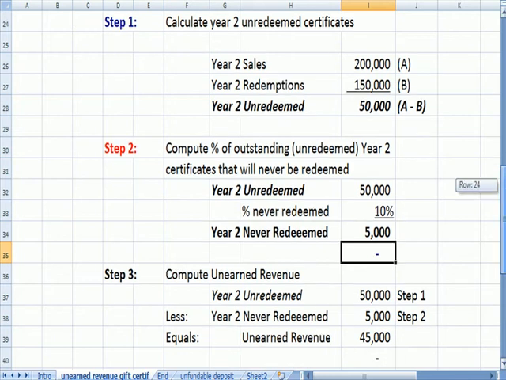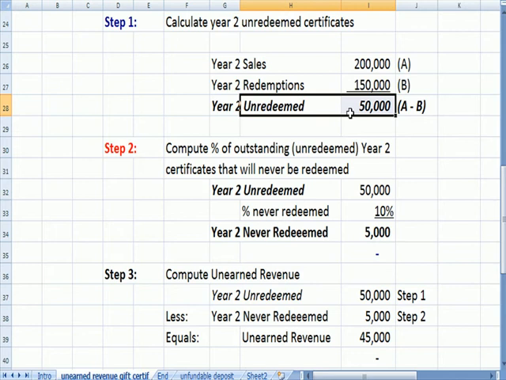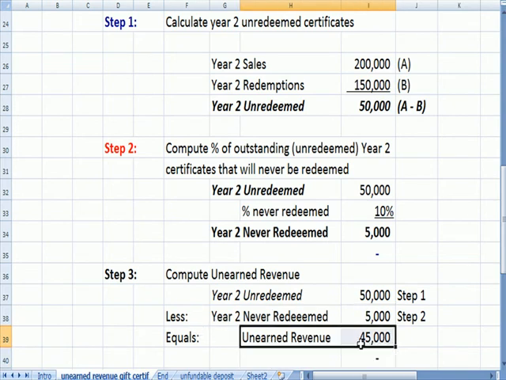And so our unearned revenue is the 50,000 unredeemed gift certificates in step 1 less the number that we think will never be redeemed, 5,000, and we end up with unearned revenue for year 2 gift certificates of 45,000.